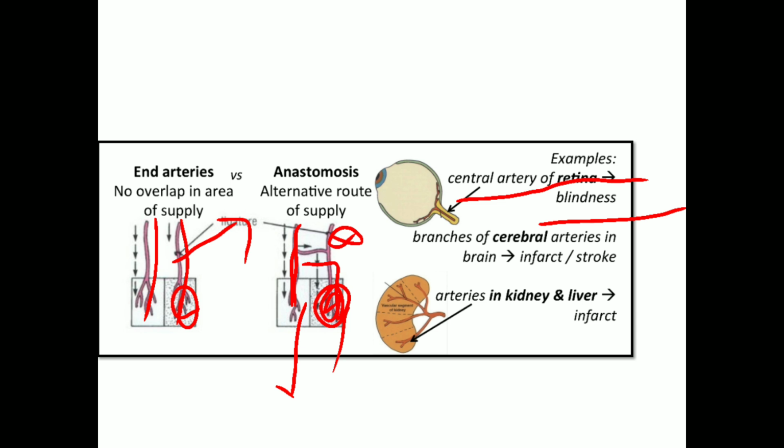So remember, end artery means no overlap in the area of supply. One more example: branches of the cerebral artery in the brain, which leads to stroke. Arteries in the kidney and liver are also the same. So remember what we mean by end arteries.